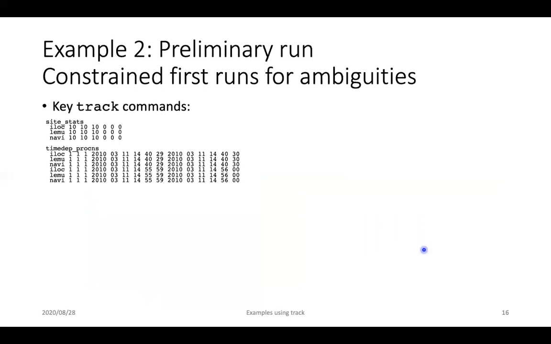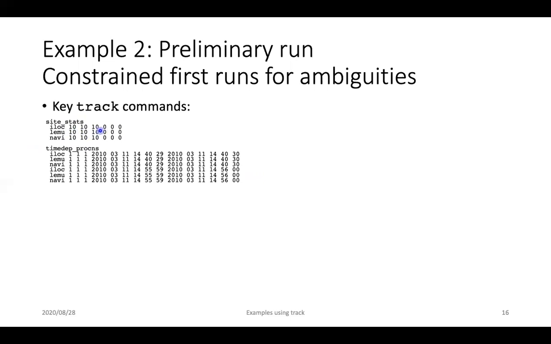So again, we run a preliminary run to help constrain the ambiguities for the final run. And this just demonstrates what we said previously about the El Mayor-Cucapá earthquake, but also this event as well, that we have the sites that we wish to process.